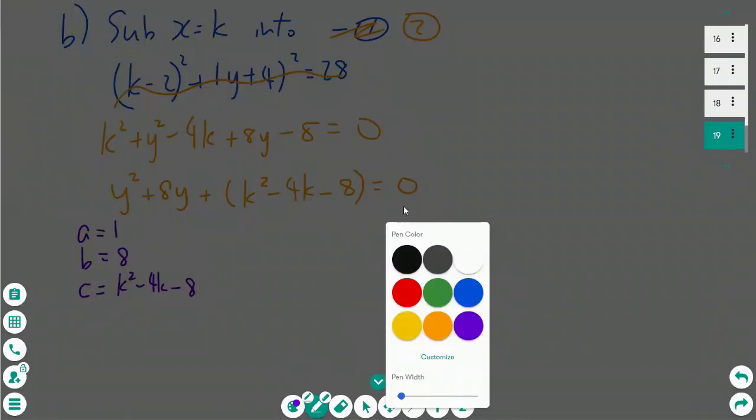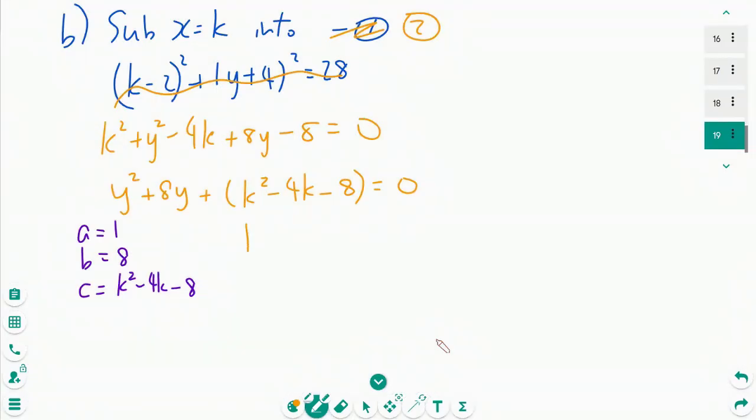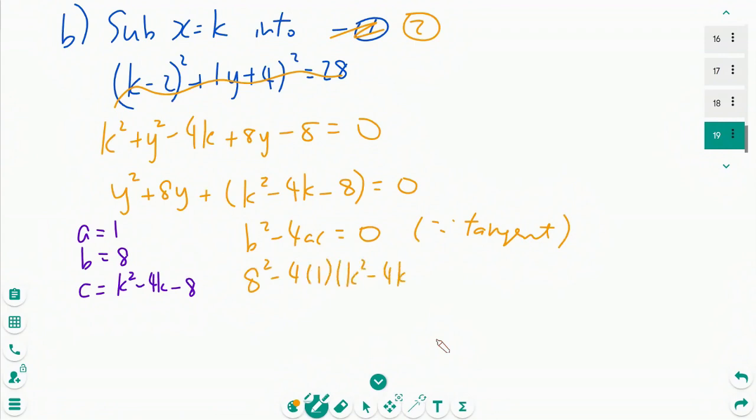So B squared minus 4AC equals 0. The reason is because it's tangent. In the exam, you don't have to show this, they assume you know. This is just for your understanding. So B squared is 8 squared, minus 4 times A times C. That's 64, expand the bracket, minus 4K squared plus 16K plus 32 equals 0.